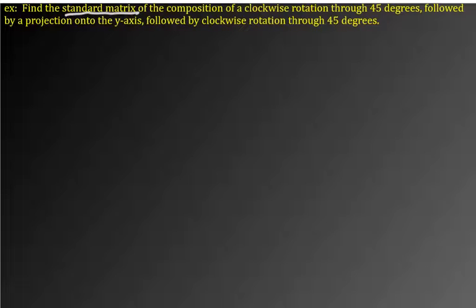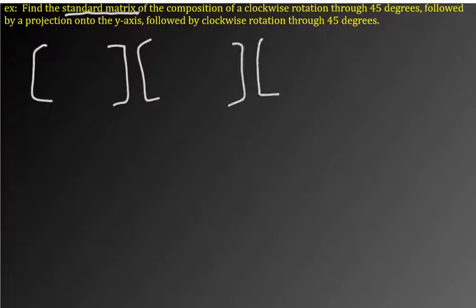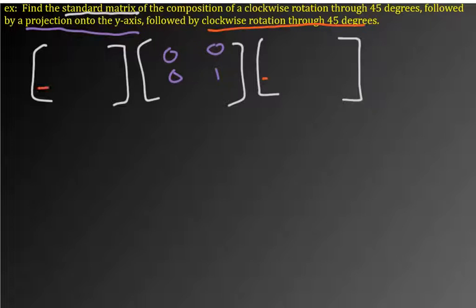So for the clockwise ones, let me put all these down here. Projection onto the y-axis, we just talked about that, that's 0, 0, 0, 1, right? And for the clockwise rotation specifically, that's the one where there's a negative here, and the counterclockwise one, the standard rotation direction in math, has the negative in the top right corner.